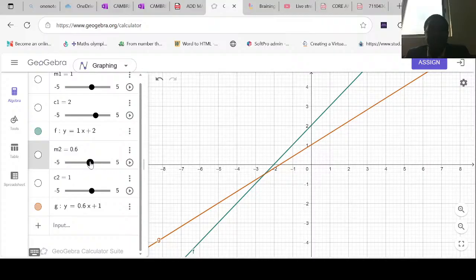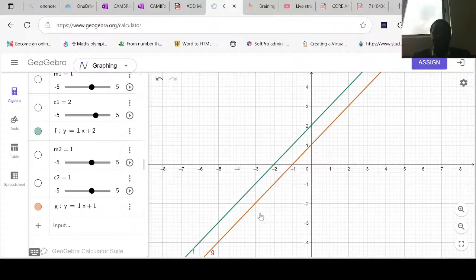What do you observe? Let's start with changing the gradient, which is the value of m. What is your observation about the two lines? Good. Now, if I make m1 and m2 the same, what do you observe?